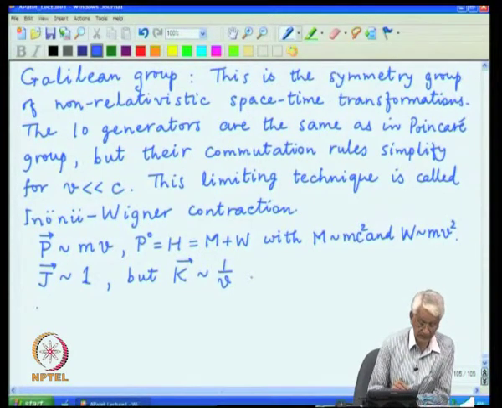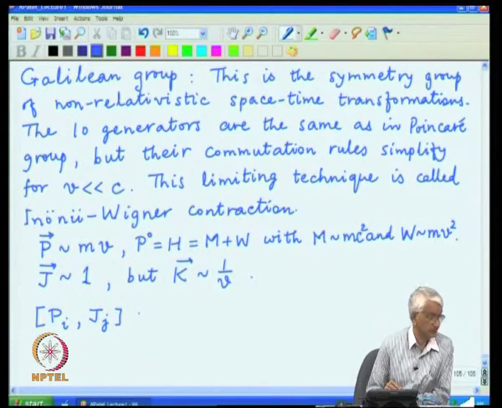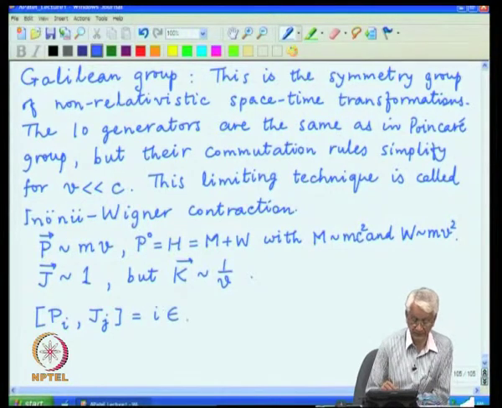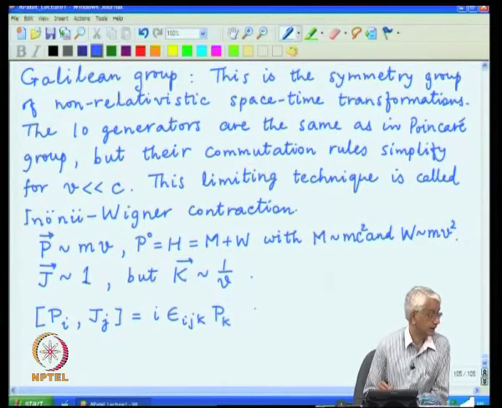So, we had the rules of commutator between p and j, these are just a subset of the Lorentz group relations I wrote down earlier, and this produces p.